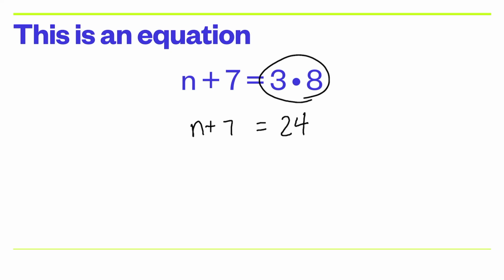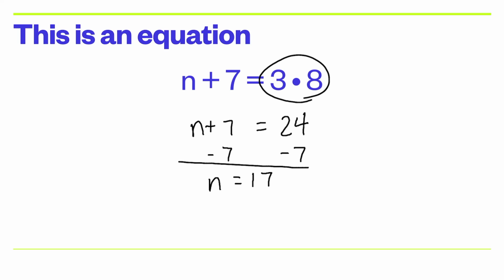Now, if we try to figure out what N is, we can use axiom number 2, which is a number can be subtracted from both sides and they remain equal to each other. So we're going to subtract 7 from both sides. Now 7 minus 7 is 0, so N equals 24 minus 7, which is going to be 17.